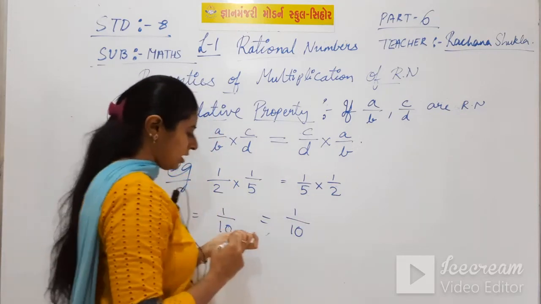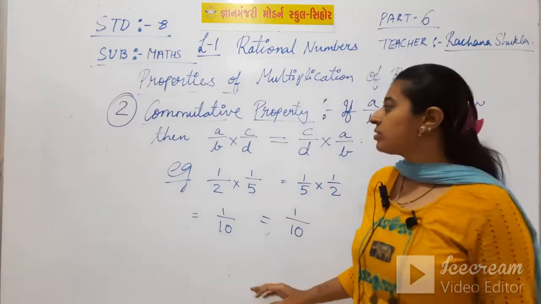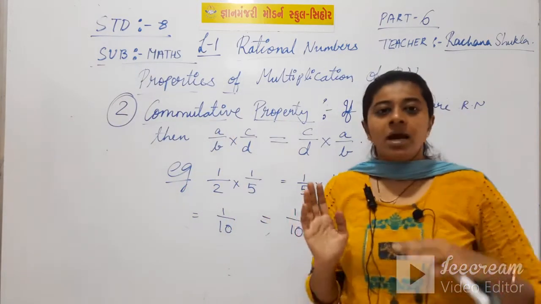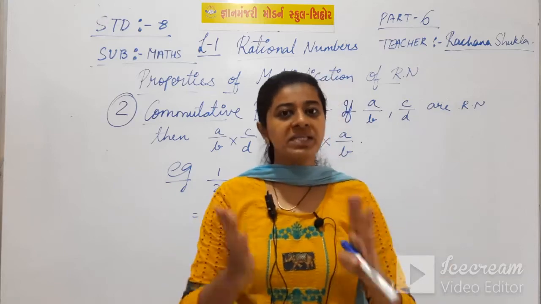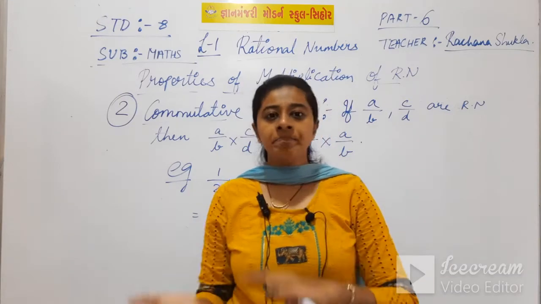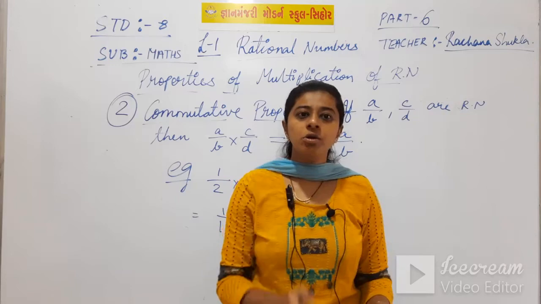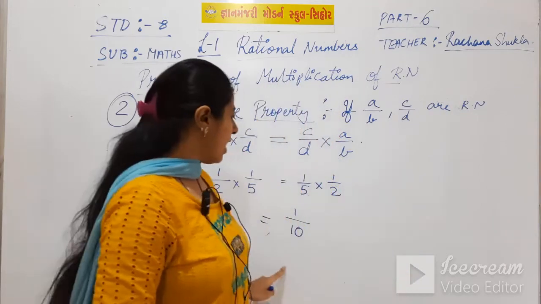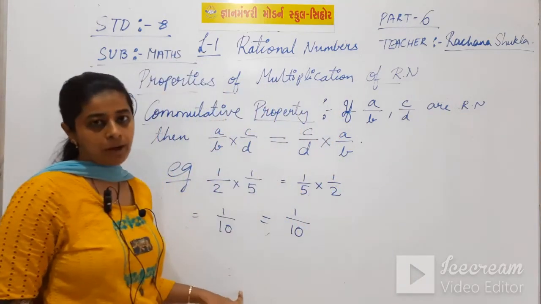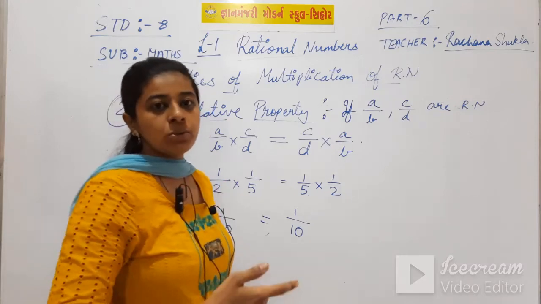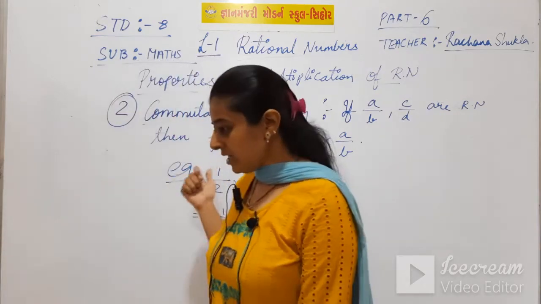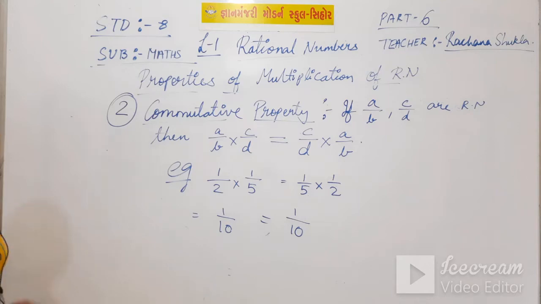You got both the answers the same. So this is commutative property. Either you multiply 5 3s are 15 or you multiply 3 5s are 15. You will get the same answer. That is commutative property. Moving onwards to the third property, associative property.